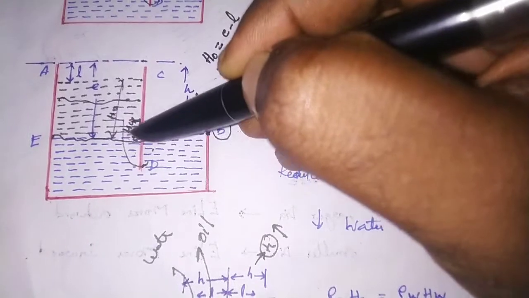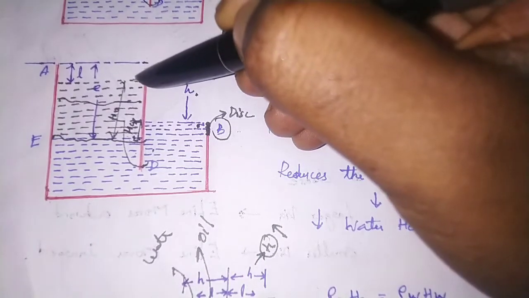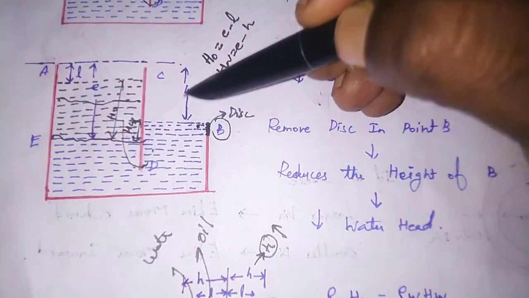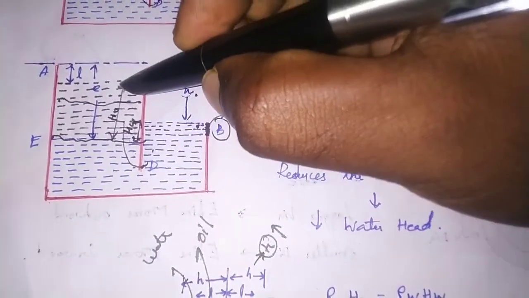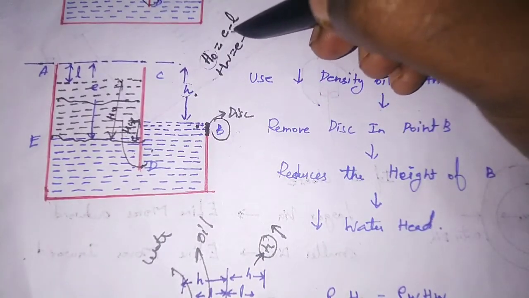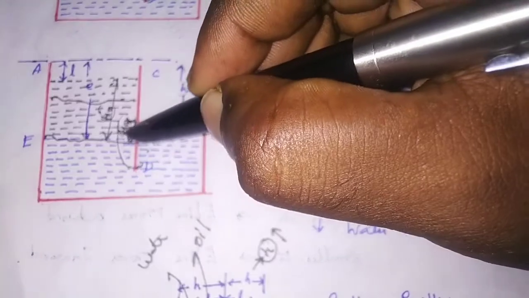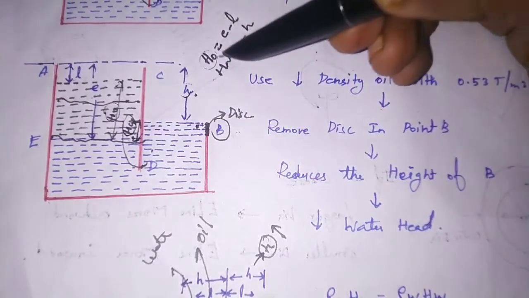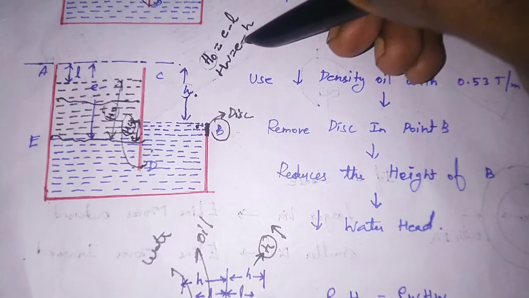From the center line to the E line, the distance is represented as small letter e, from the center line the oil surface distance is represented as L, and from the center line the water surface is represented as H. So you know that the oil head, H naught, can be rewritten as E minus L. And HW is E minus H.